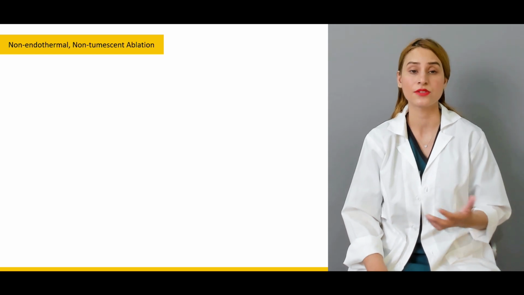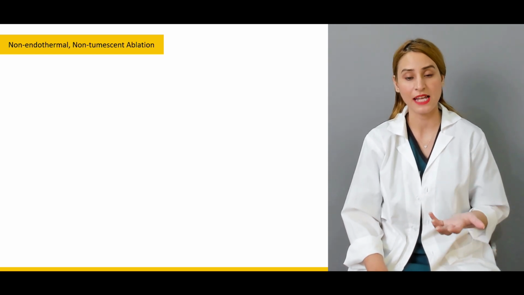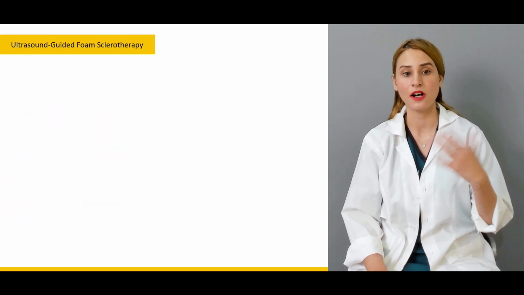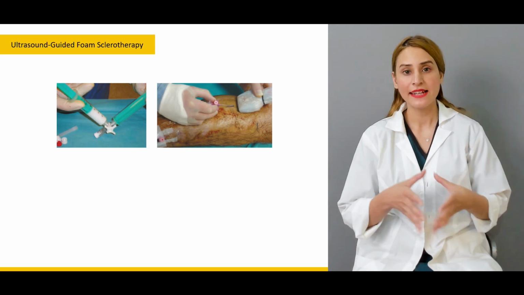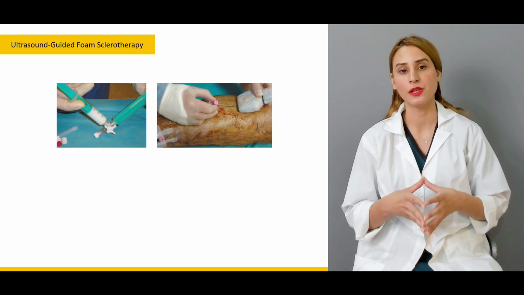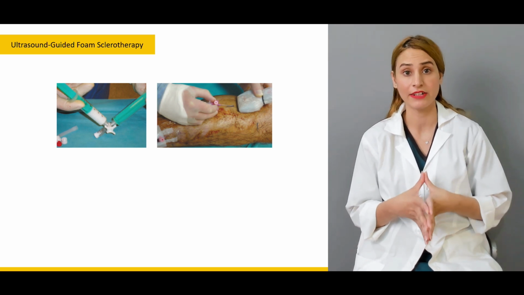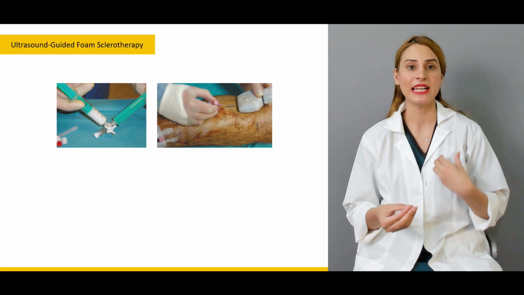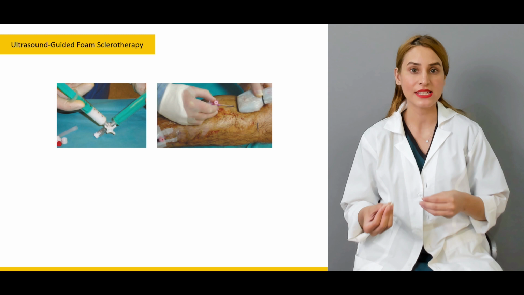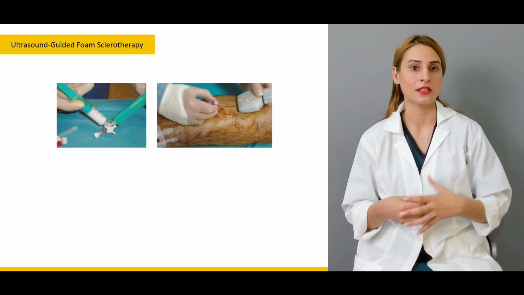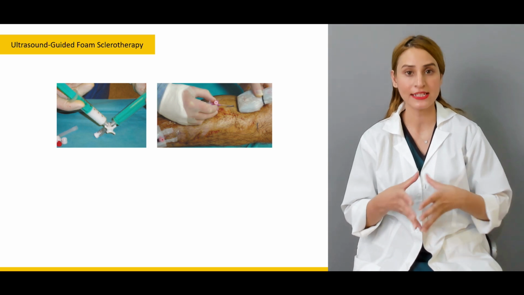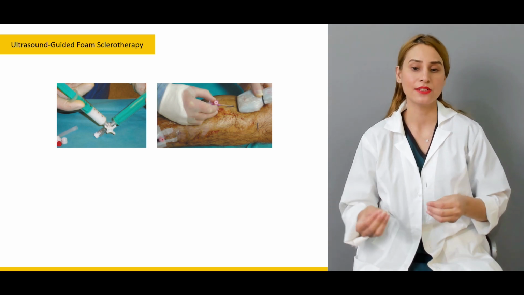There are also non-endothermal, non-tumescent ablation techniques as well. But the most common, I would be talking more about, is ultrasound guided foam sclerotherapy. This procedure is very similar to the one we use for the treatment of second degree hemorrhoids, which is injection sclerotherapy. You have to inject the sclerosing agent, which can be alcohol or a phenol and almond oil combination, into the vein.